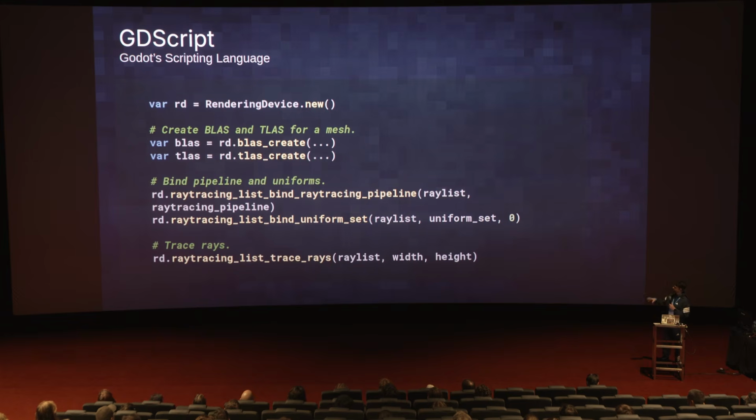You can create the top-level acceleration structure, you can create a bottom-level acceleration structure for the geometries in the scene, and then once you have that, you can issue commands to the GPU by binding the ray tracing pipeline and by binding your objects, pushing them into the GPU, and then you can trace rays, which is the most important thing, I guess.